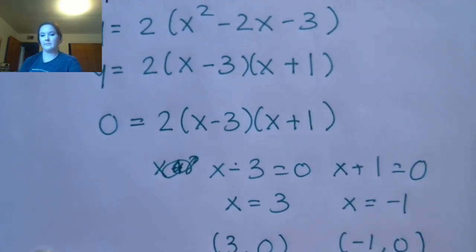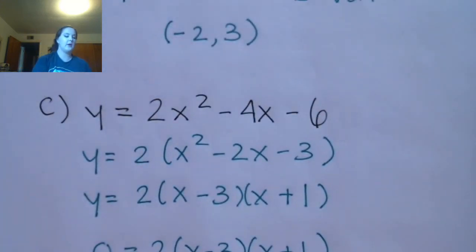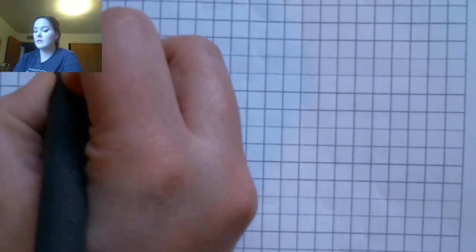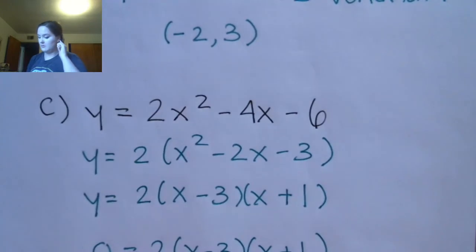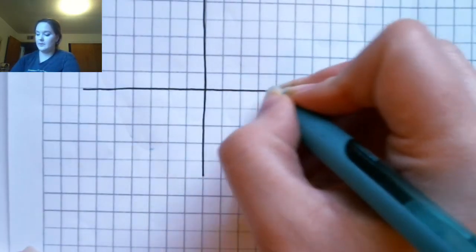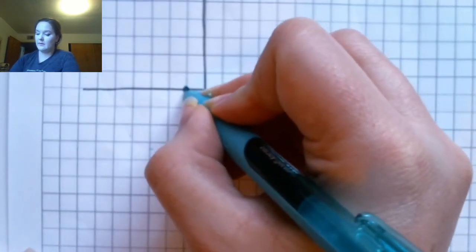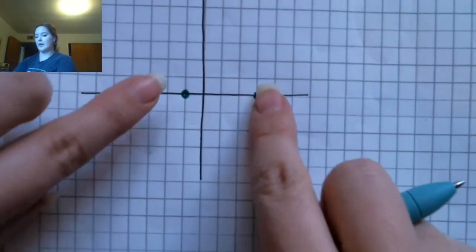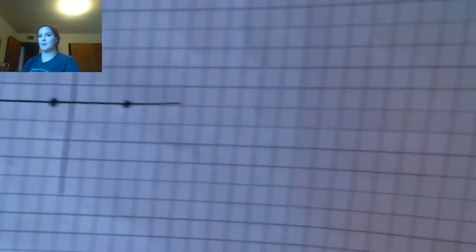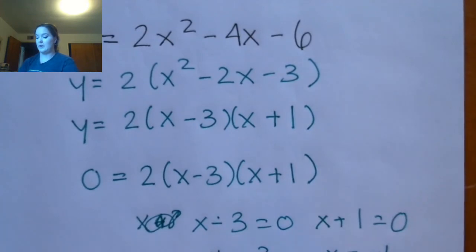So let's look at what our graph would look like. I'm going to start with 3, 0 and negative 1, 0. Then I'm going to look at my vertex being halfway between them. That's going to give me an h value of 1.